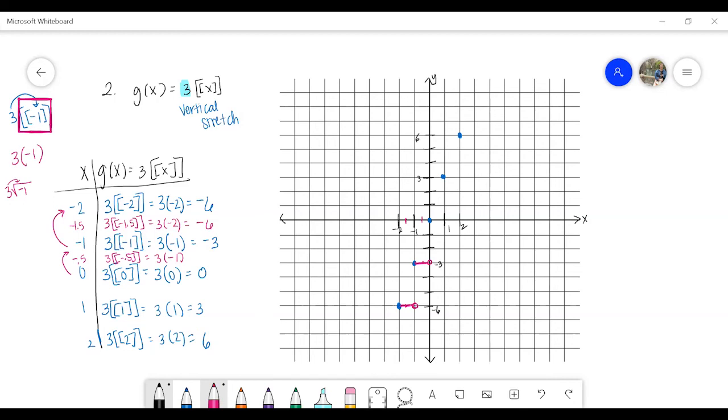And we're going to see this pattern continue. Do you notice the spacing between each group is much larger, right? The spacing between them is actually 3 units. You don't need to necessarily label that, but it did kind of stretch out. That's that vertical stretch in action, right? The spacing between the points increased.